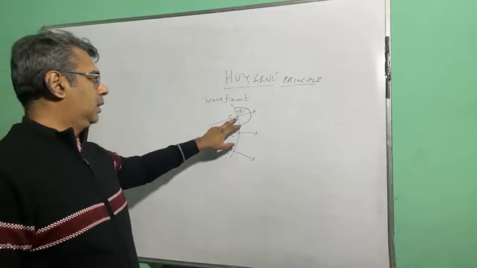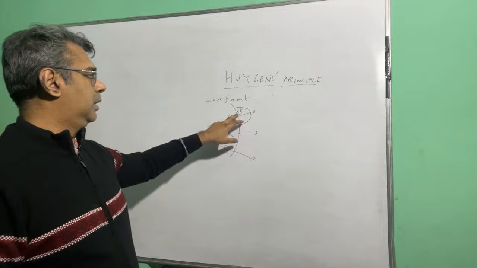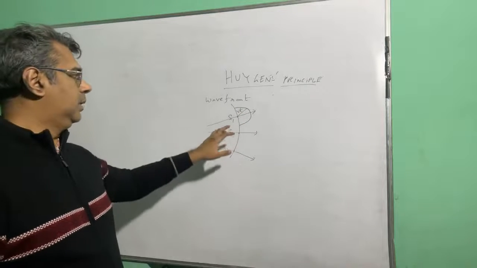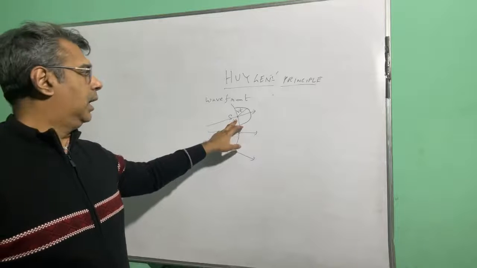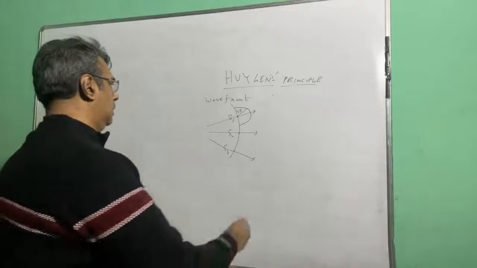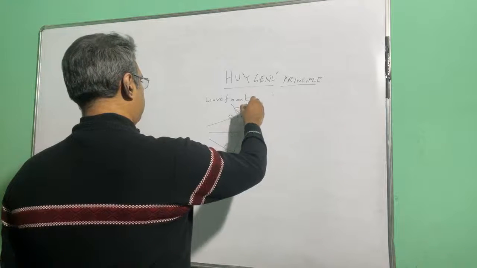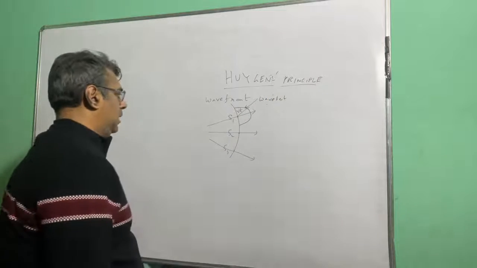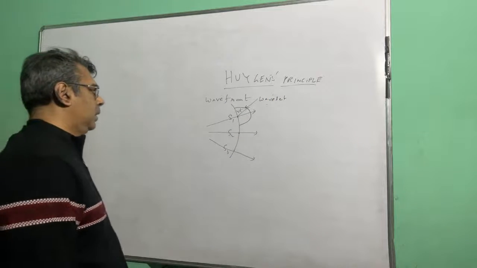So keeping S1 as center and radius v into t, you draw one arc. So keeping your compass at S1 and radius vt, you draw one arc. This arc is called a wavelet.